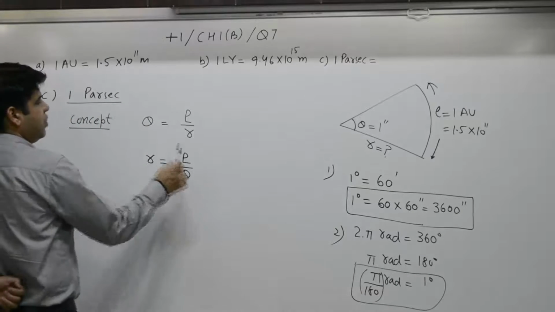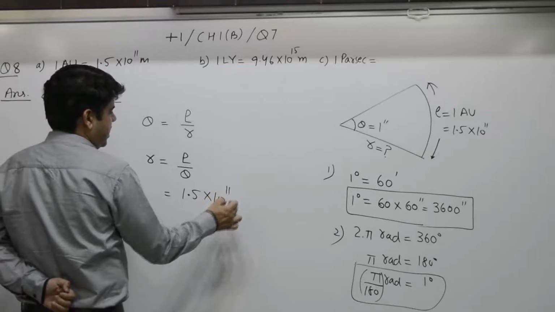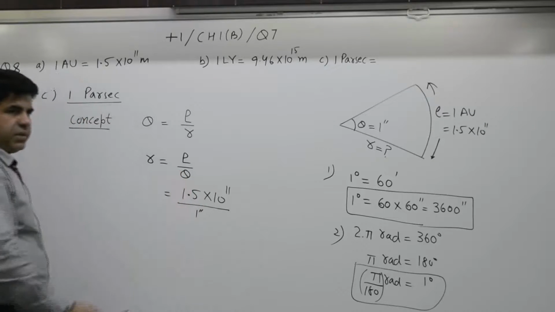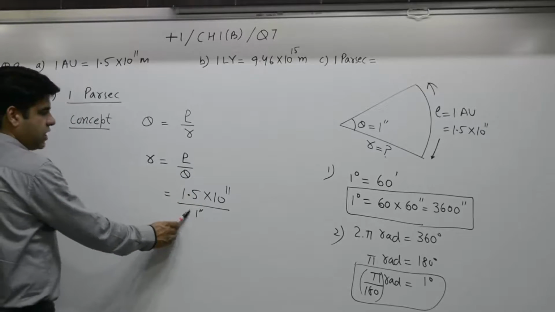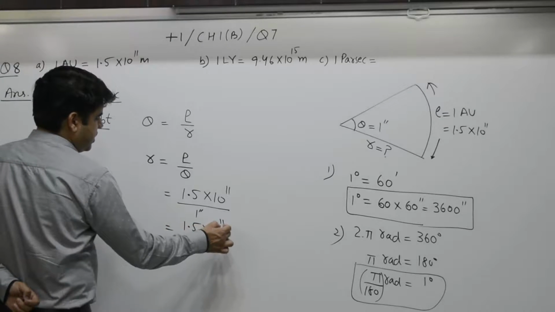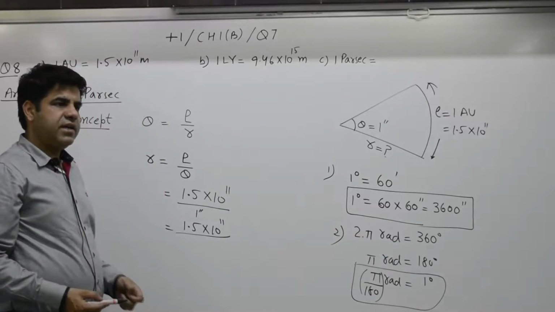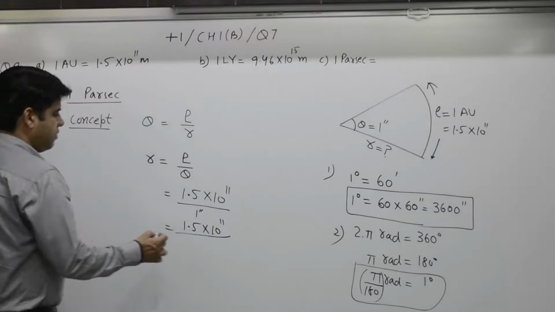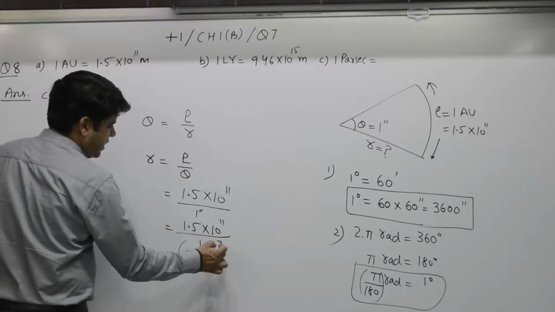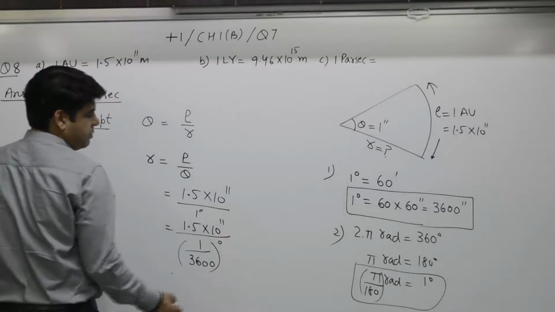Now L, what is the value? 1.5 into 10 raised to power 11 meters. Theta is equal to 1 second. 1 second is not acceptable. 1 second is equal to how many degrees? 3600 seconds is 1 degree, so 1 second is equal to 1 by 3600 of a degree. But again, this is not acceptable.